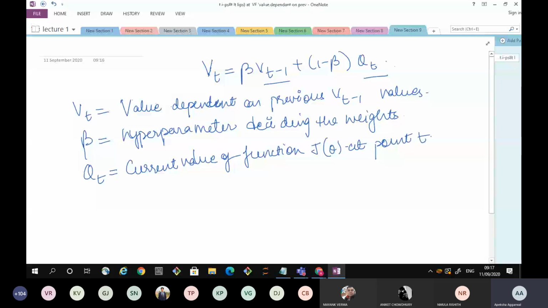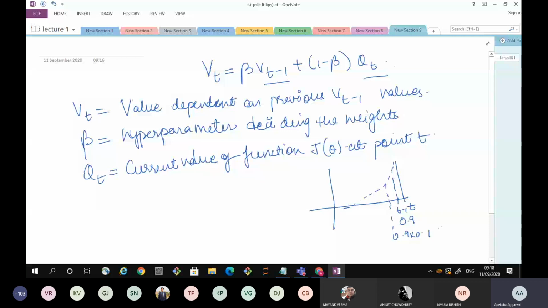Let's say if I draw a function, how much weight do I give? At point t it is something like this, at point t minus 1 it's something like this, because we are multiplying those values: here it would be multiplied by 0.9, here it would be multiplied by 0.9 into 0.01, so like this.